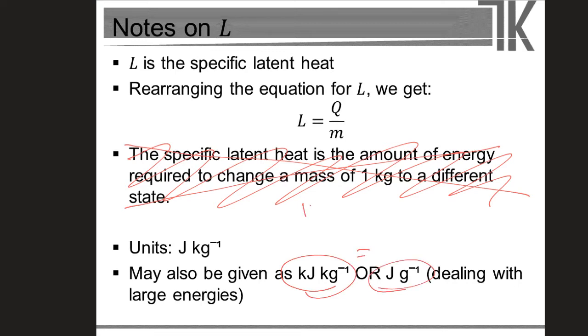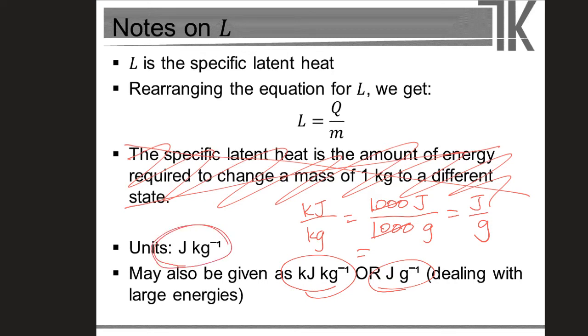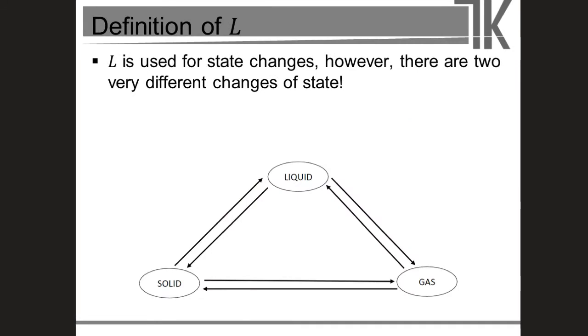So if we've got a kilojoule per kilogram and we decide that we're going to convert kilojoules into joules, we'd end up with 1,000 joules over 1,000 grams, and then those thousands cancel out. So a joule per gram and a kilojoule per kilogram are exactly the same thing. But as you can see, it's 1,000 times that, which means that it's really suitable when we're dealing with large energies. So L is used for state changes, but we've got two very different changes of state.